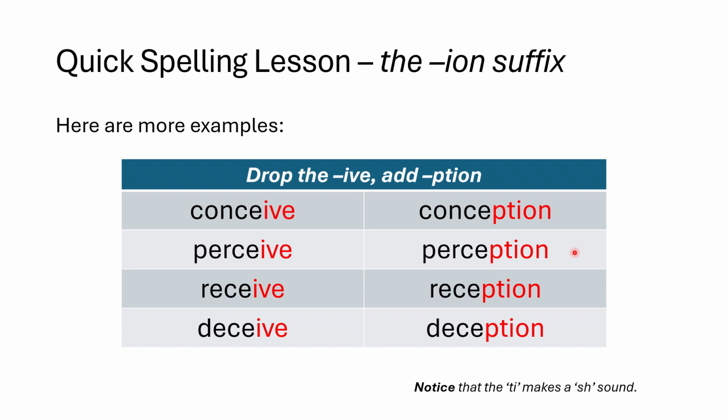The noun is perception. The verb is receive. The noun is reception. The verb is deceive. The noun is deception. Notice that the TI makes a sh sound.